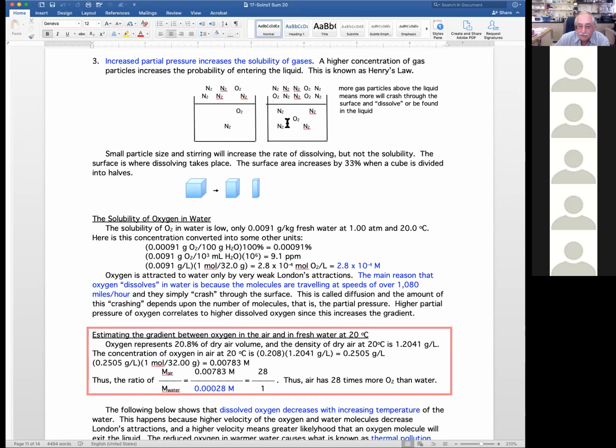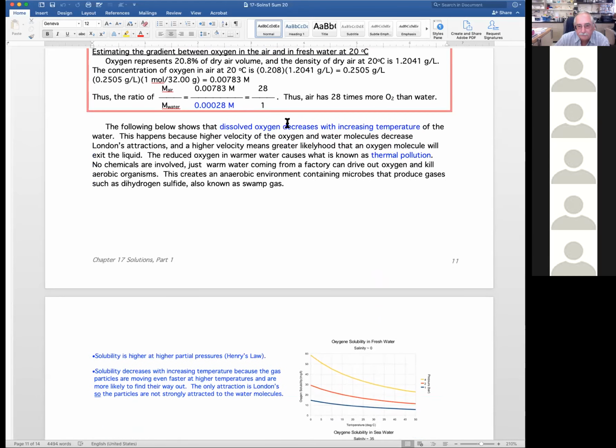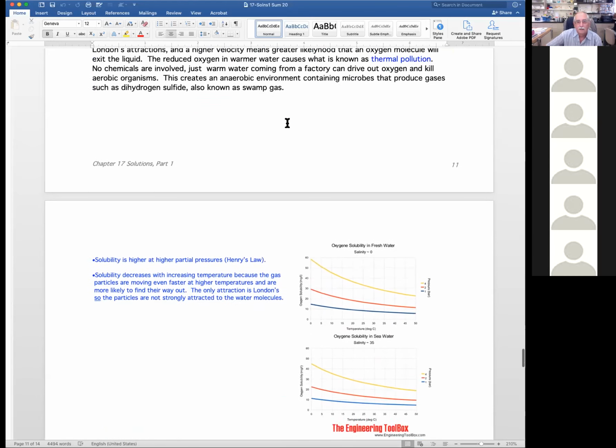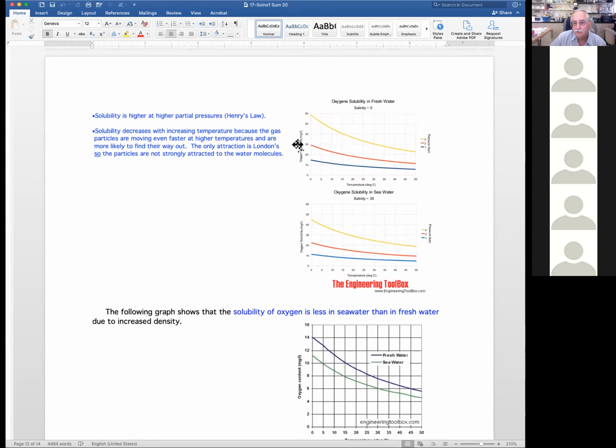So you can see why it's going to diffuse into the water a little bit. So here's the solubility of oxygen in seawater. Notice that at different concentrations, it doesn't matter how high you start with. When you increase the temperature, it sometimes drastically decreases.